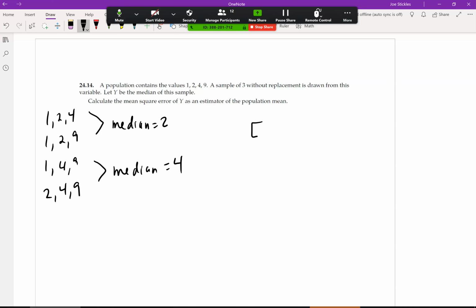So my expected value of y should be a half times 2 plus a half times 4. Again, half of the time we get a 2, a half of the time we get a 4. So we expect the expected value of y here to be 3.